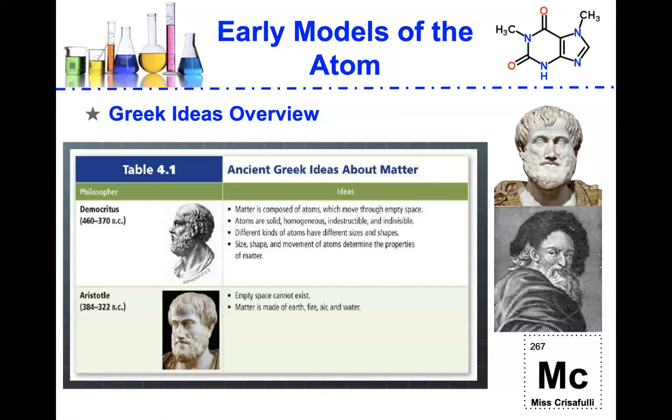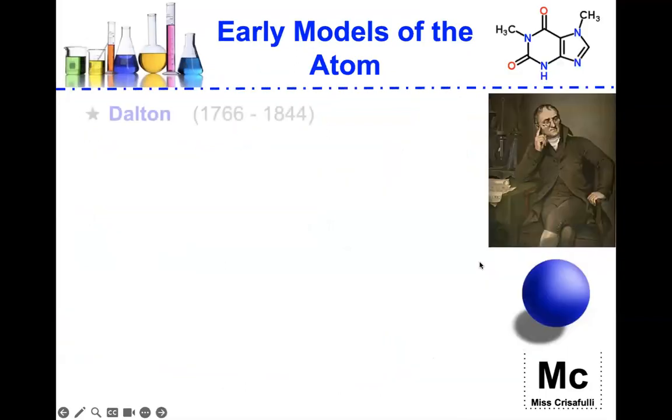There are different kinds of atoms with different sizes and shapes, and the size, shape, and movement of atoms determine the properties of matter. Aristotle said that empty space cannot exist, and that matter is made up of earth, fire, air, and water. Both were a little bit off, but it is pretty amazing that without any scientific technology, they were able to come up with this idea of the atom.